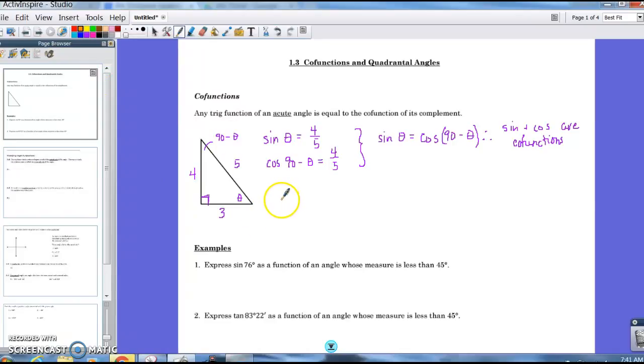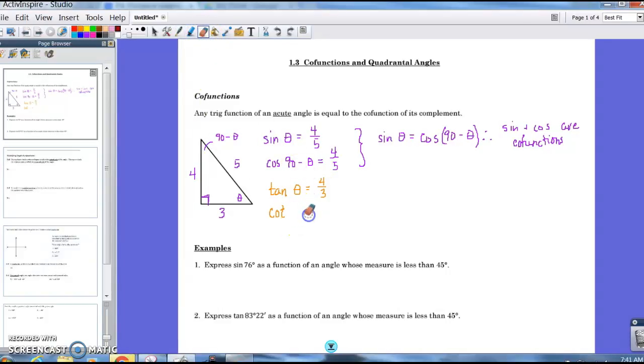Let's go with tangent. So tangent of theta, remember tangent is opposite over adjacent, so that would be 4/3. And cotangent, you learned about your reciprocal trig functions. Cotangent flips tangent. Hold on, let me back up for a second.